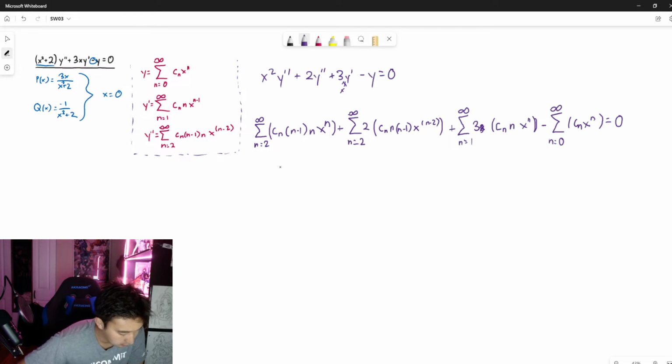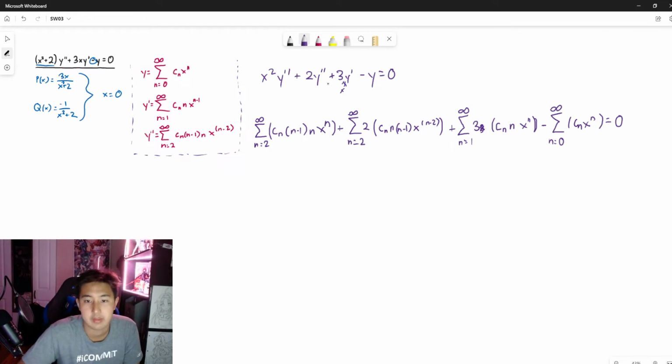Before we can combine like terms, we need to make sure all the power series have the same exponents. So we need to find a way to combine the series.